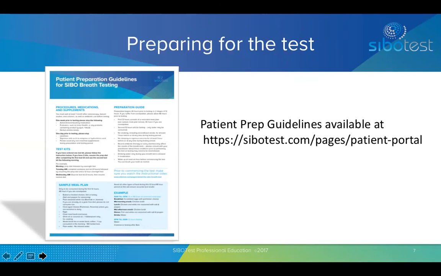And so you're going to have quite a difference in baseline readings. The less restricted you are, the higher we find the baseline will be. So we're big fans of very strict preparation guidelines.